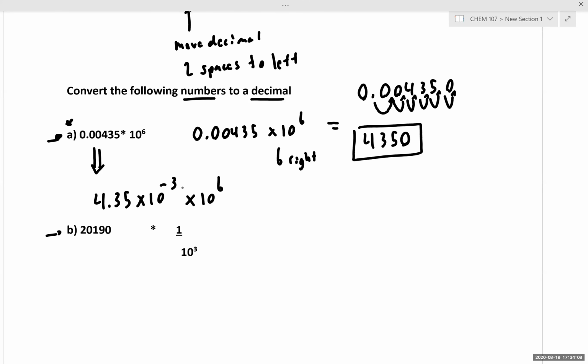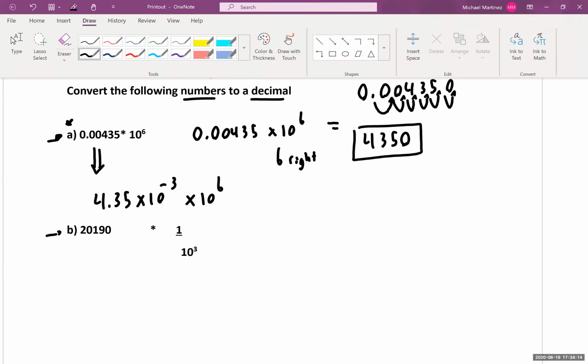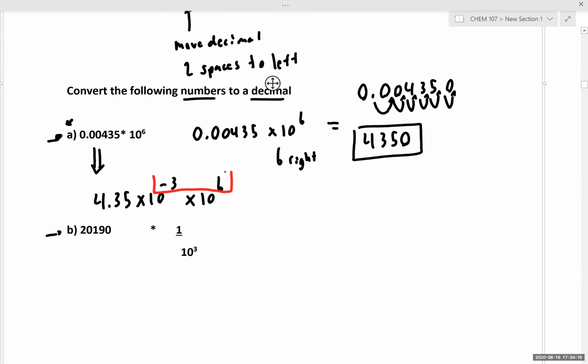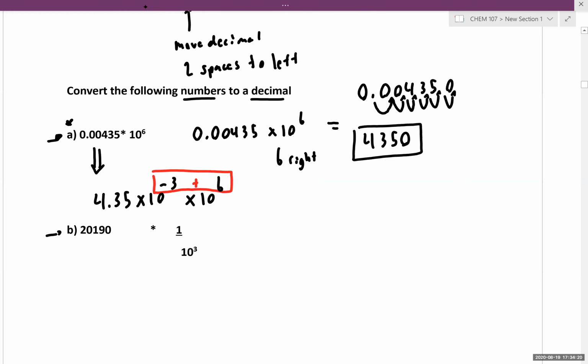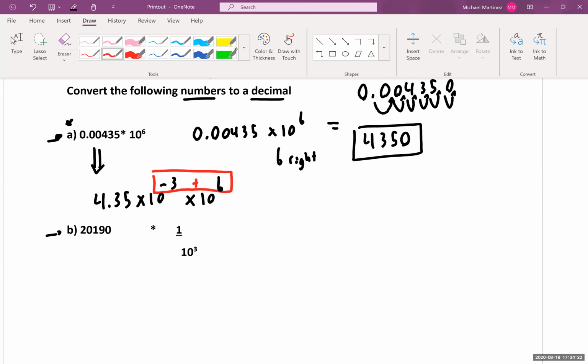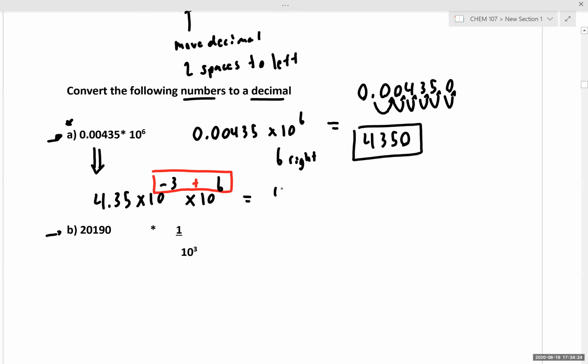When you multiply powers of 10 together, and this is why powers of 10 are so wonderful, you can take your two powers of 10 and add them together. So that in turn gives us 4.35 times 10 to the third.